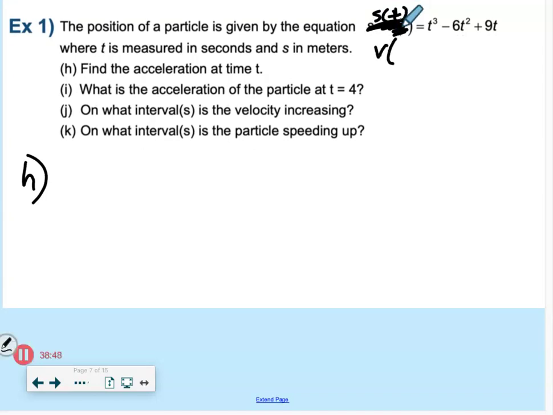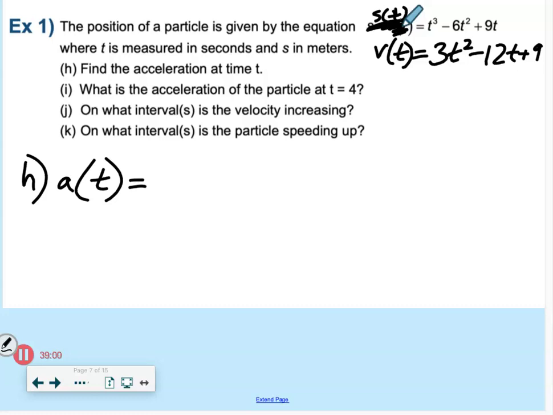So v of t is 3t squared minus 12t plus 9. All right, so a of t. A of t is the what of the what? Derivative of the velocity. A of t equals v prime of t. What's v prime? 6t minus 12. Done.